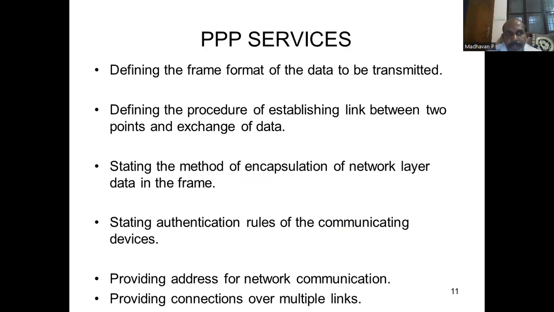So they are set up with different kinds of rules and policies, where it states how the frame format is to be defined, what sort of procedures are to be incorporated for establishing the links and for connection termination, what kind of procedures are to be followed, how address negotiation is to be done, how encapsulation of data, converting the datagrams to frames, what techniques are to be adopted, how to provide authentication support, how to provide connections for multiple links, etc. So these are all the different services provided by PPP.